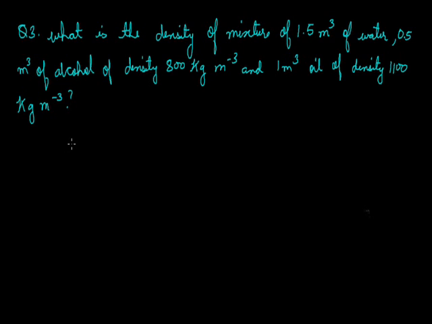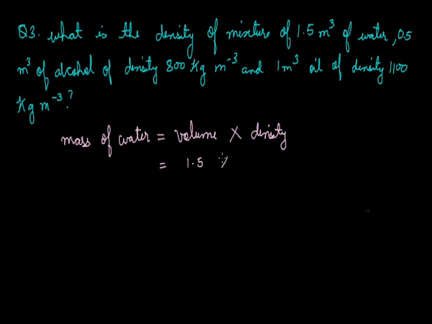So by this we can calculate the mass of water, alcohol and oil by using the relation that mass of a material is equal to its density into volume. First calculating the mass of water. Mass will be volume into density. The volume of water is 1.5, and the density of water in SI system is 1000. Hence the mass of the water will be 1500 kg.